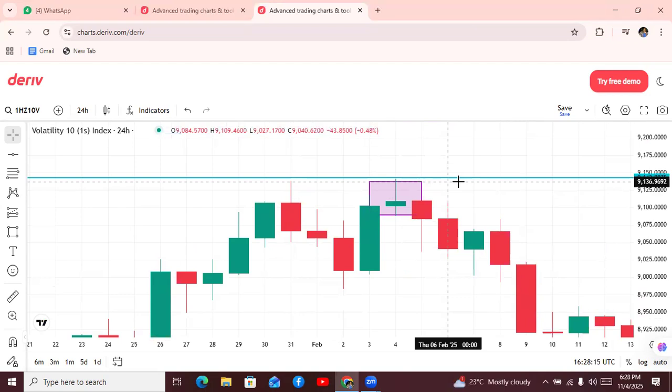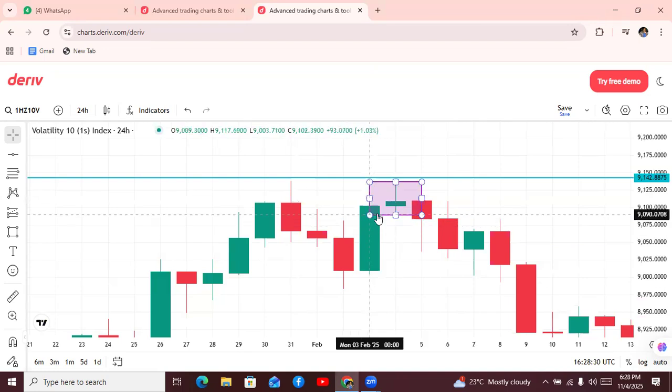Could it be a shooting star? Yes, it is a shooting star and an evening star.